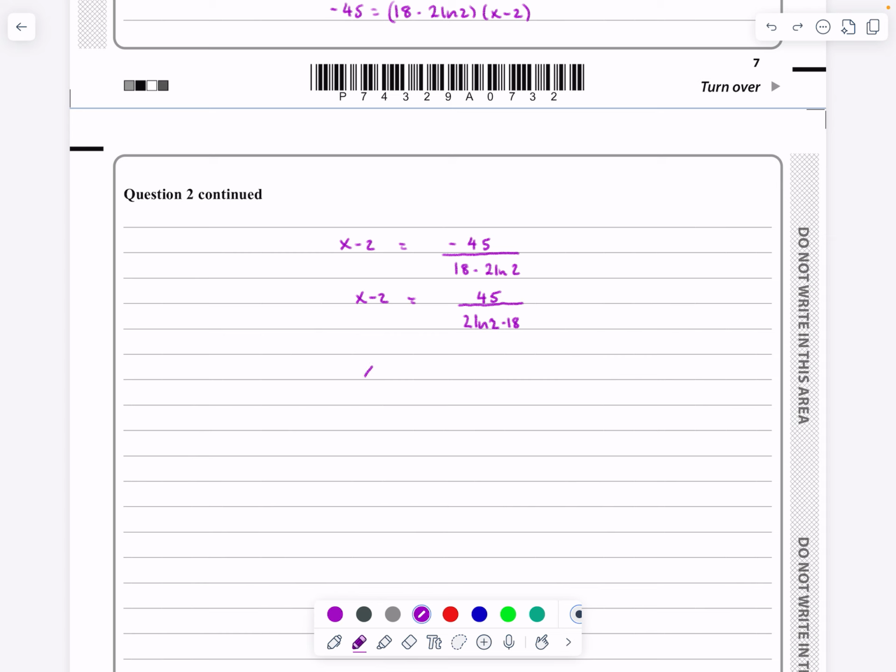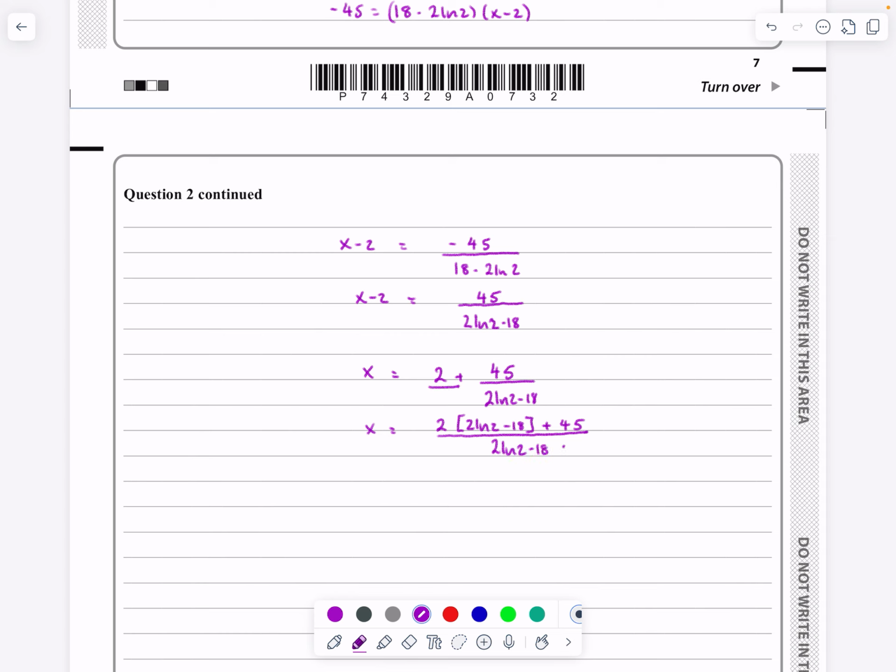So x is going to be equal to 2 plus 45 over 2 log 2 minus 18, and then we've got to make that into a single fraction, so that's 2 times 2 log 2 minus 18, plus 45, all over 2 log 2 minus 18.